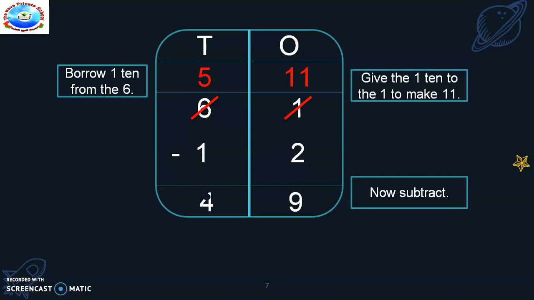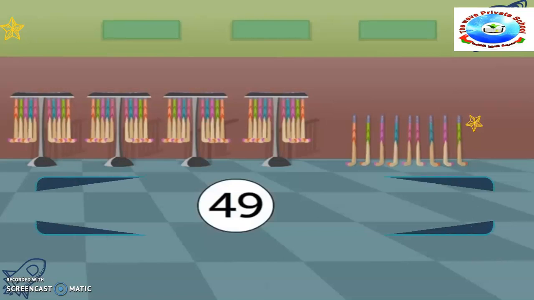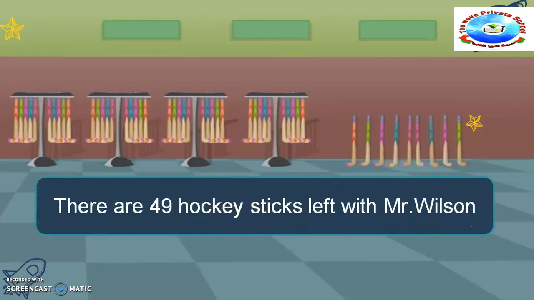Write it in the tens column. So we get the answer as 49. That is 61 minus 12 equals 49. Thus, there are 49 hockey sticks left with Mr. Wilson.